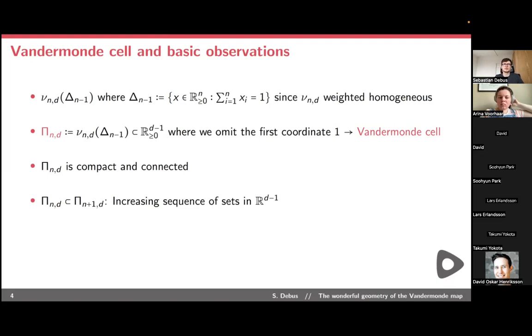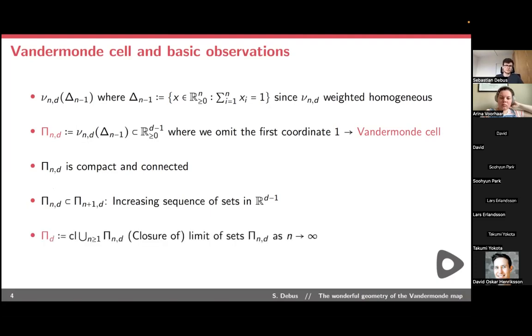So you allow a new variable to choose not arbitrarily, because you have to live in the probability simplex, but this last variable is either equal to 0 and you're contained in the previous image, or you have this new variable and you construct new images. So we have this increasing, and actually it's a strictly increasing chain of images of these Vandermonde cells.